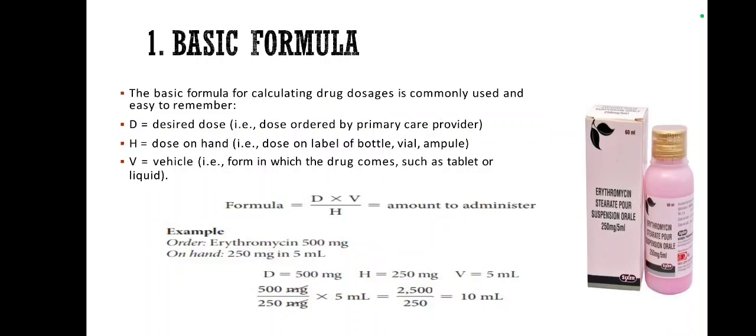So first, we have the basic formula, which is commonly used and easy to remember. The formula is: desired dose, or the dose ordered by the physician, times V, the vehicle, or the form in which the drug comes, or volume, over H, or divided by H, the dose on hand.